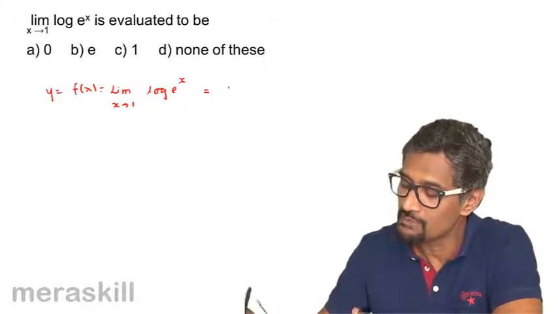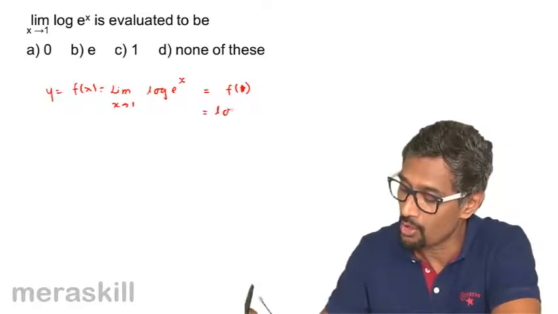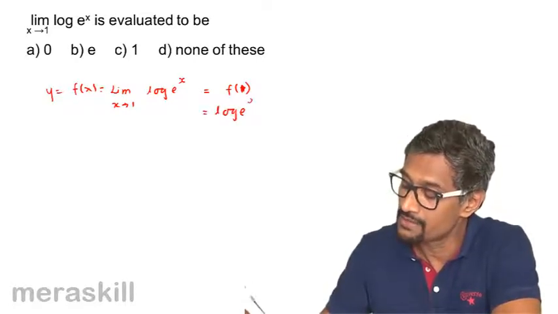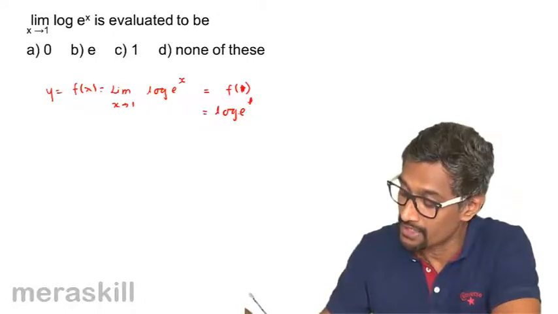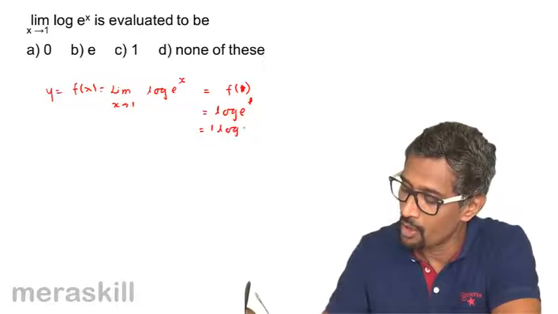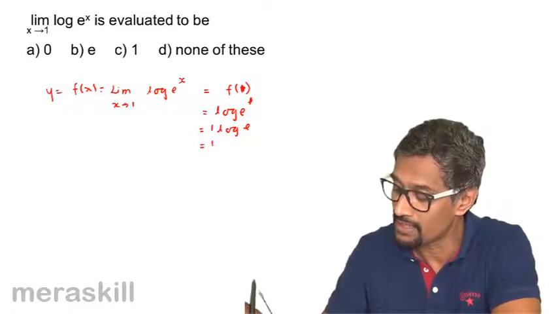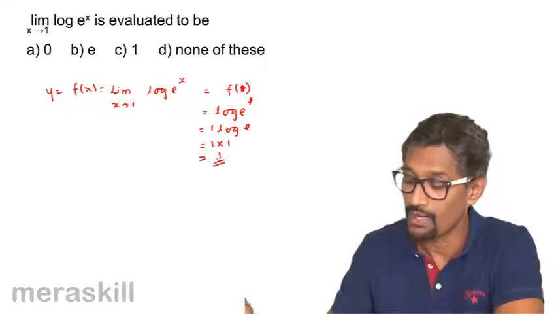So this is nothing but f of 1 itself, as that is f of the limiting value of the variable. This will be log e raised to 1 to the base e, which is nothing but 1 times log e to the base e. Now log of any number to the same base is 1 itself, so it becomes 1 into 1, which is 1.